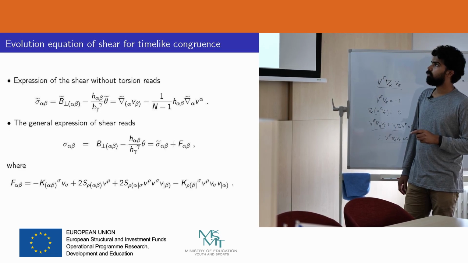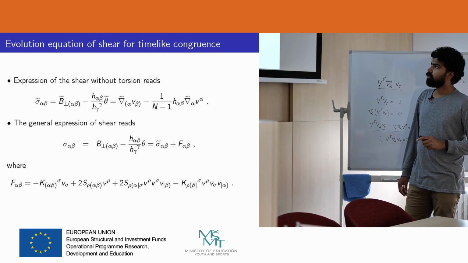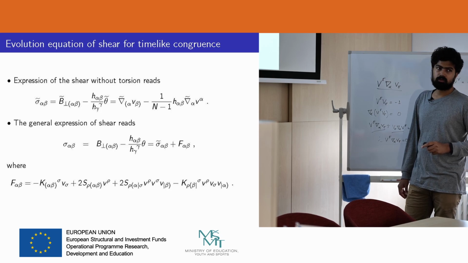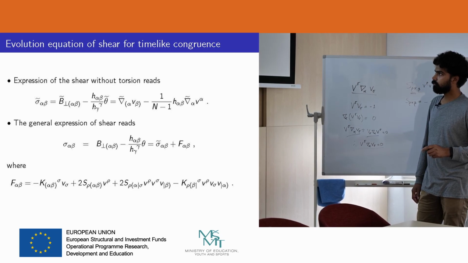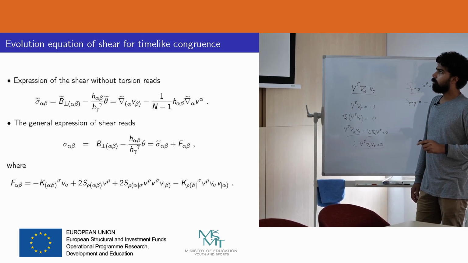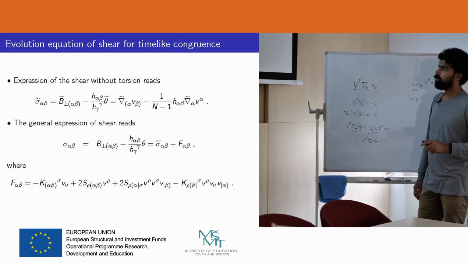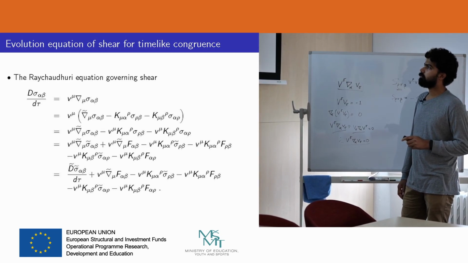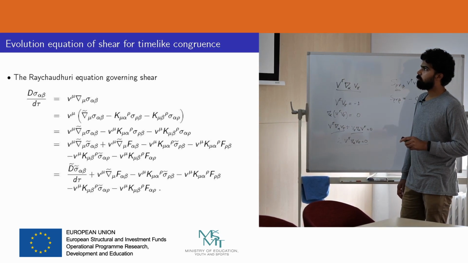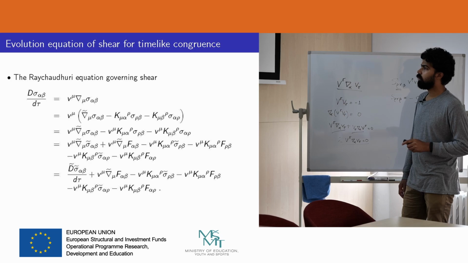Here we have just substituted that h gamma gamma is n minus 1, and in general, that is with the full torsion case, the same expression. If we use our previous calculations of B perpendicular alpha beta, then we get the relation with this sigma tilde alpha beta, with respect to the Levi-Civita connection, and there is some correction due to the presence of torsion.